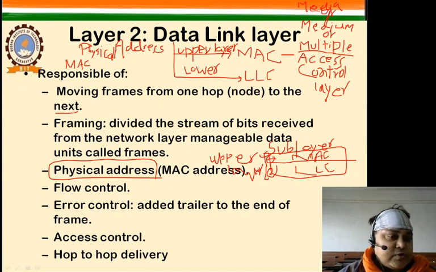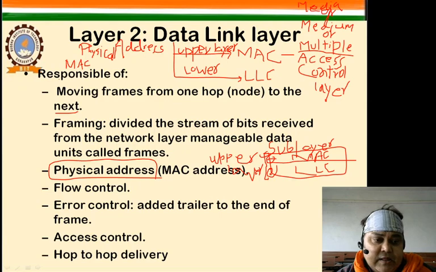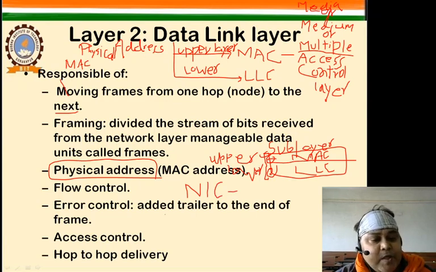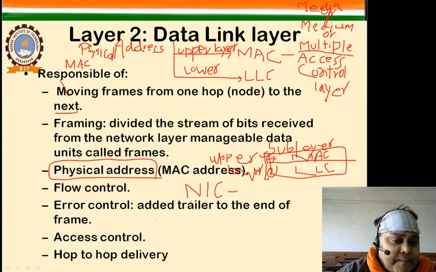This is the important addressing, and how do you get this physical addressing? See, what I am going to say is very important for you. Every machine has a network interface card. Every communicating device, like computers, laptops, desktops, which share data in this data communication network, has a NIC card. That NIC card is the network interface card, and on this card there is an imprinted number.